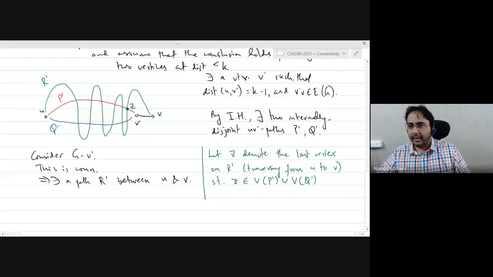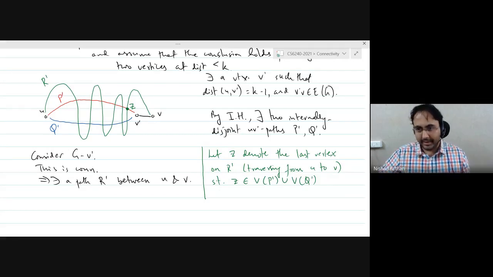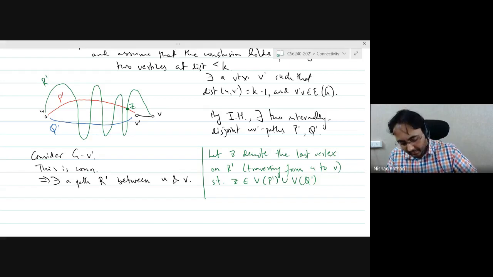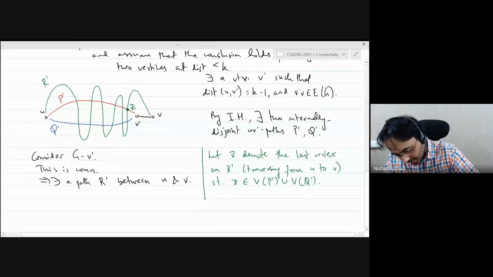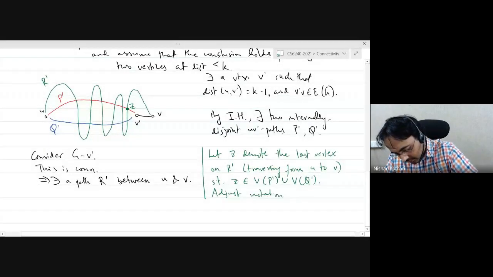Yes, Kalyani, you have a suggestion as well? Yes. We can go from U to Z via the red path and then use the green path. Exactly. So yes, thanks. That's exactly what we are going to do. We may assume without loss of generality, or I like to say adjust notation, so that Z belongs to the vertices of P prime.